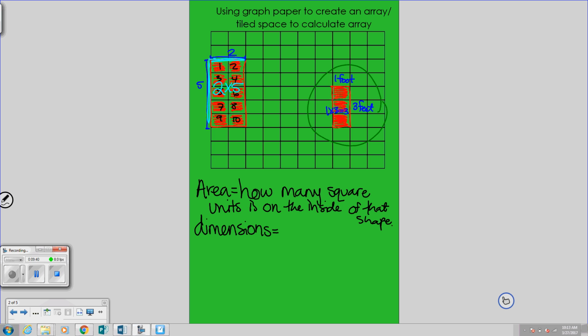Third is dimensions. And I said that to you a couple of times, different groups. What do we think if I say the word dimensions? What am I talking about? Kind of a tricky one. If I say dimensions, what am I talking about? Jake, what do you think I'm talking about?